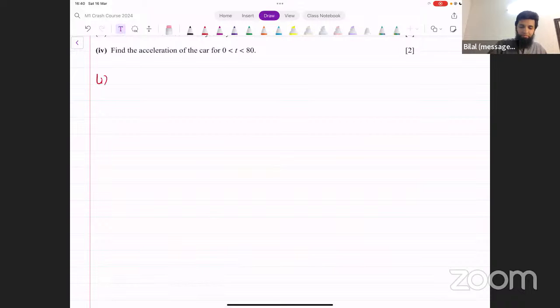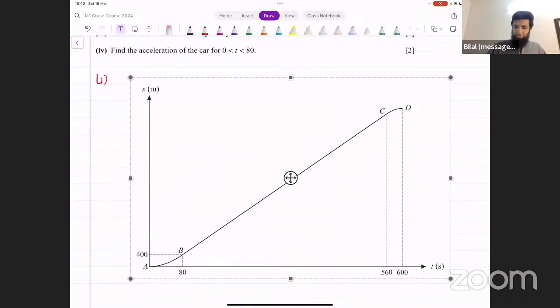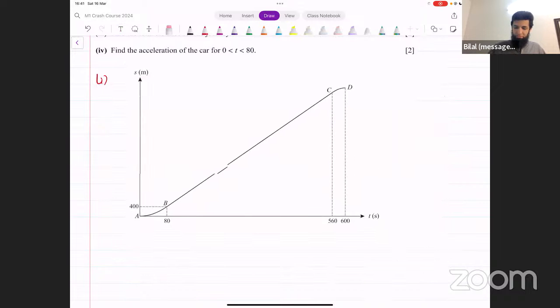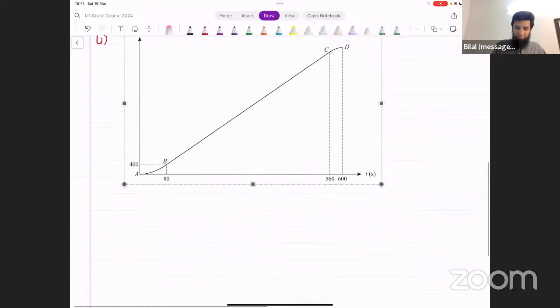Part 1. This is the displacement time graph. Let's draw the corresponding velocity time graph.